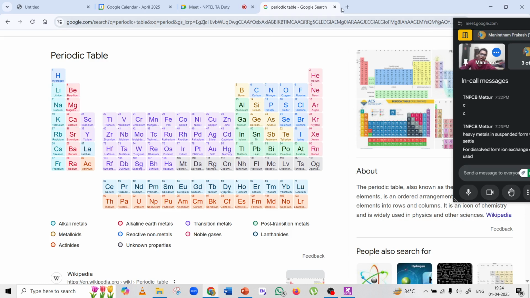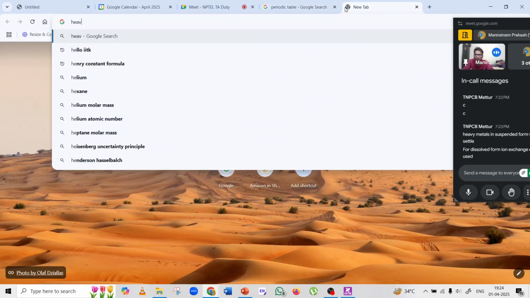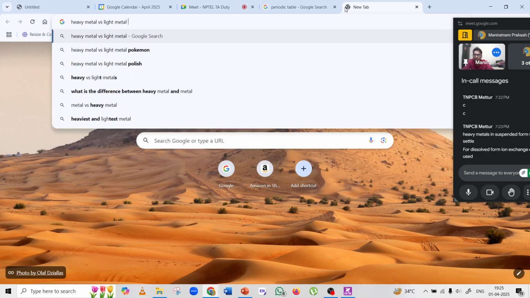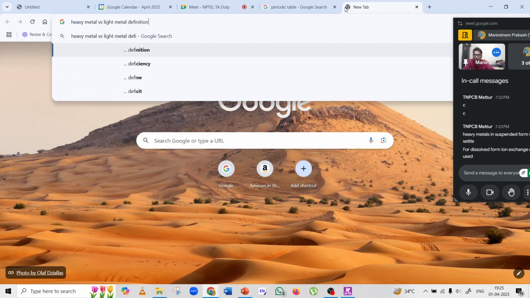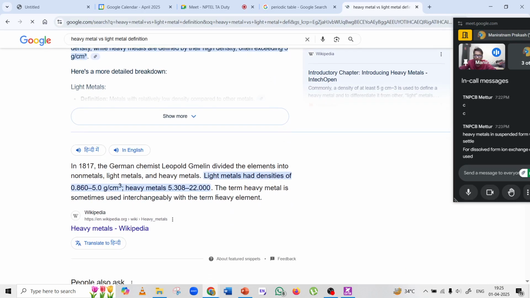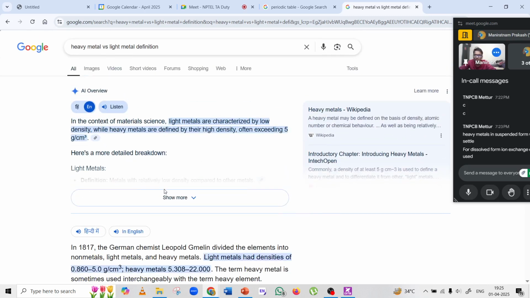Now, for your simple understanding, the definition of heavy metal versus light metal is based on density. Light metals are characterized by low density.